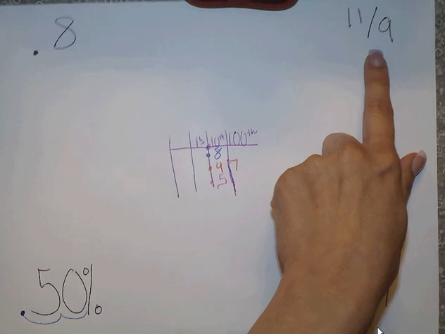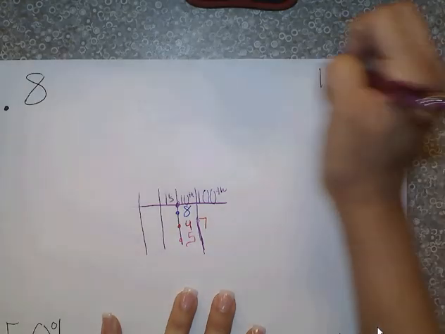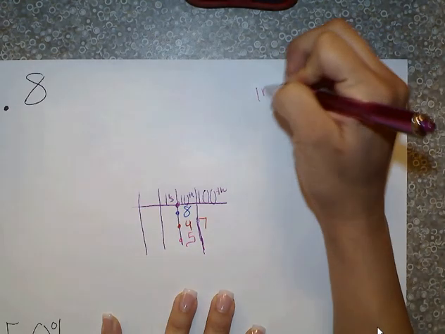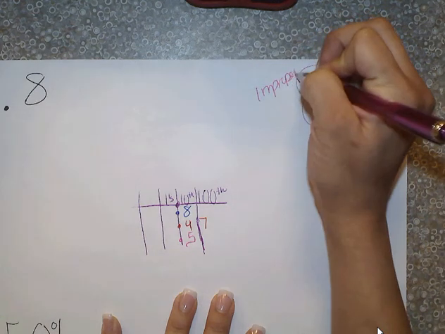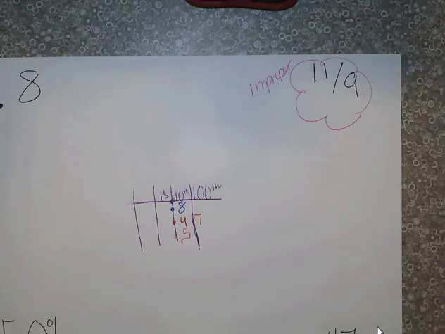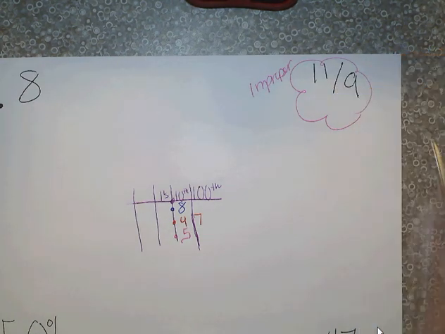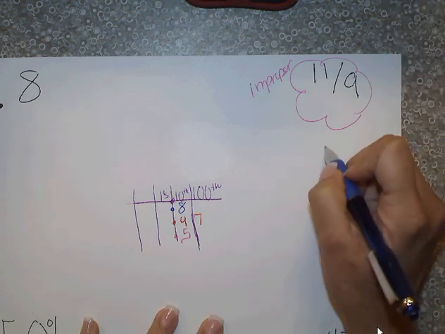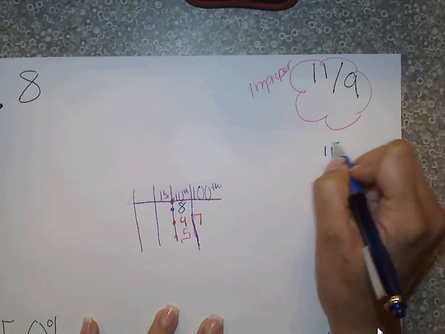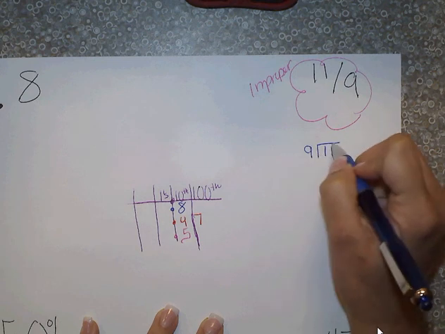Improper. Why is it improper? Because the biggest number's on the top and the smallest number's on the bottom. Don't you have to do top in, bottom out? Very good. Okay, so we have 11, top in, bottom out.